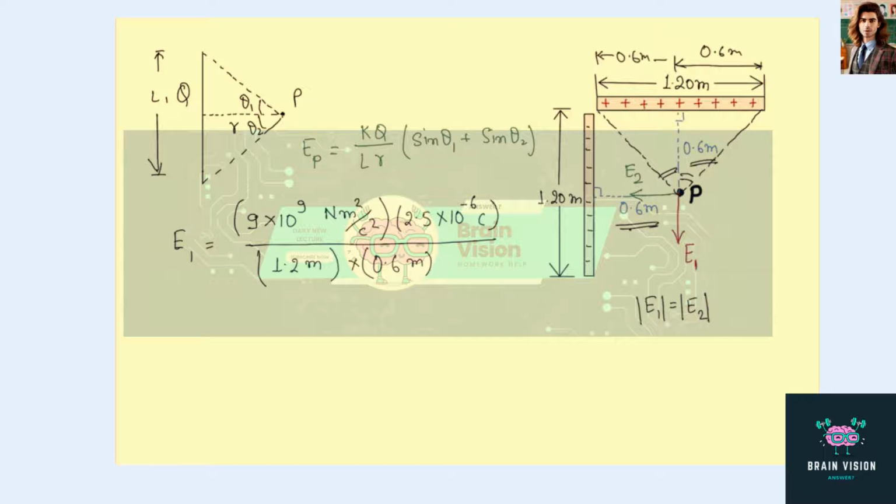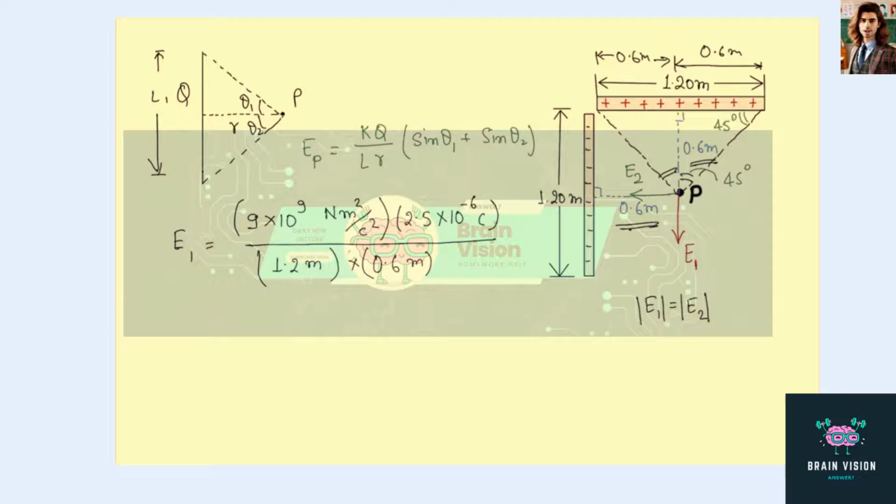In the first right angle triangle, the base is 0.6 meter and the hypotenuse is 0.6 meter. It means that it is an isosceles right angle triangle, and the property of an isosceles right angle triangle is that its base angles are equal, that is 45 degree. So both of these angles are 45 degree.